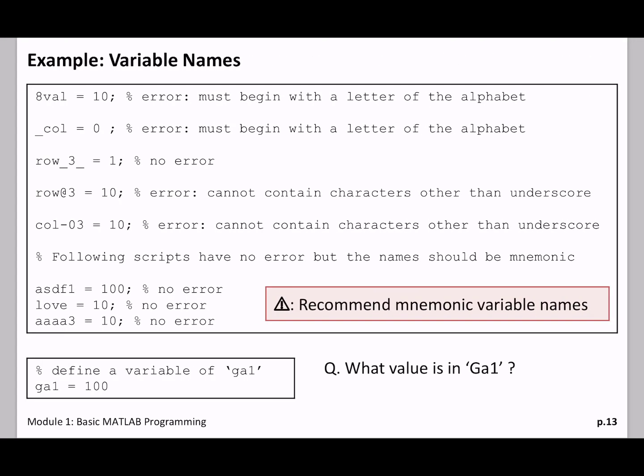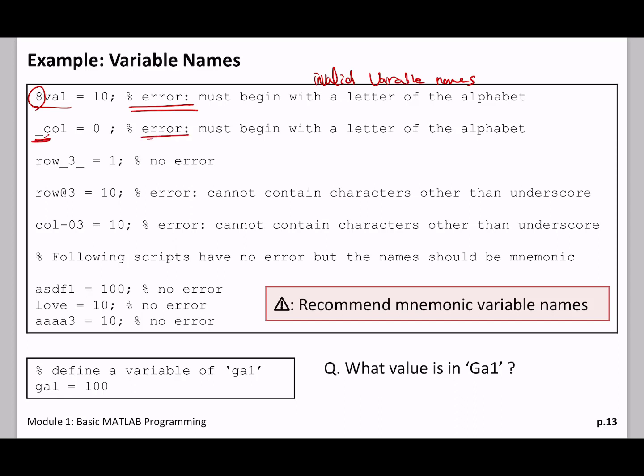Okay. So here are some sample variable names. The first case starts with a number, so there's an error. This is an invalid variable name. This one starts with an underscore, not a letter.